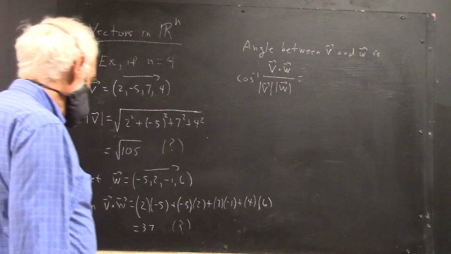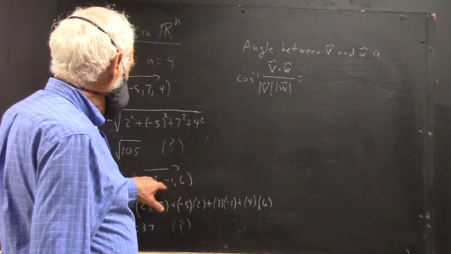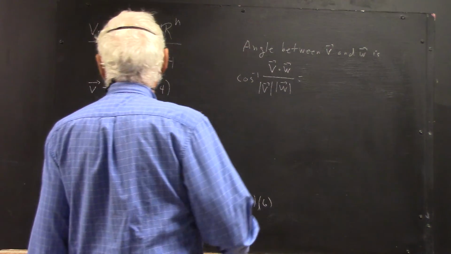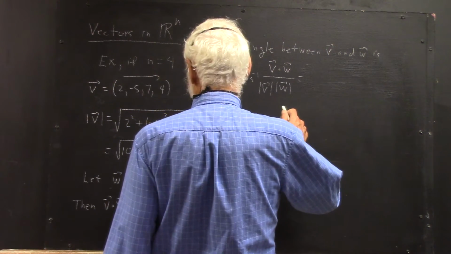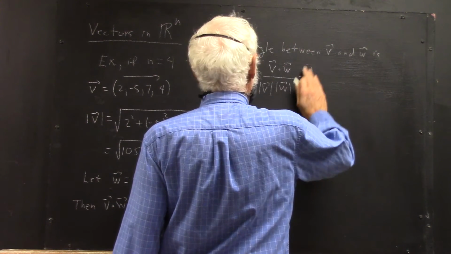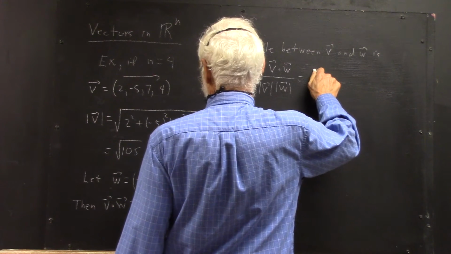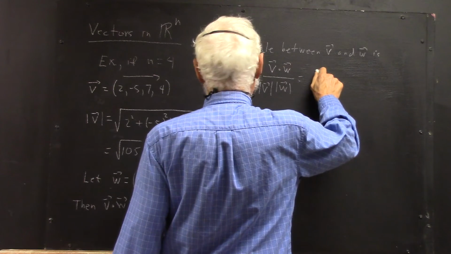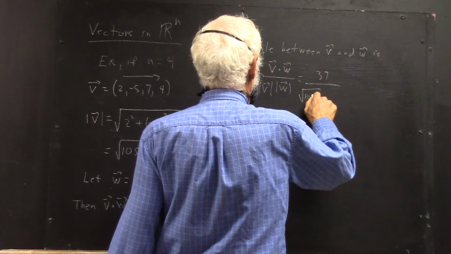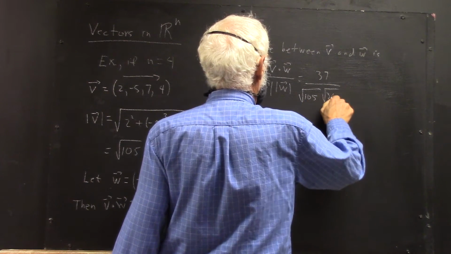The magnitude of W is what, 25, 29, 30, and 36 is 66. So that would be 37 over the square root of 105 times the square root of 36.